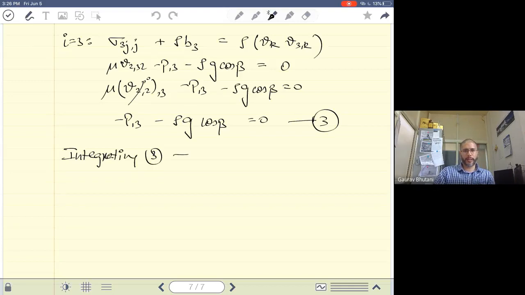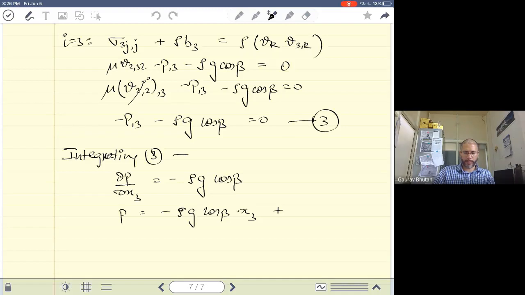So we get del p by del x3 is equal to minus rho g cos beta. If you integrate that, what you get is p is minus rho g cos beta times x3 plus some function of x1 and x2.